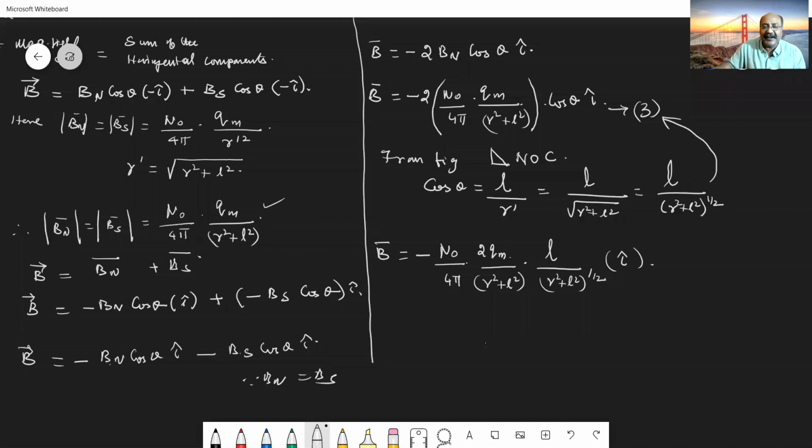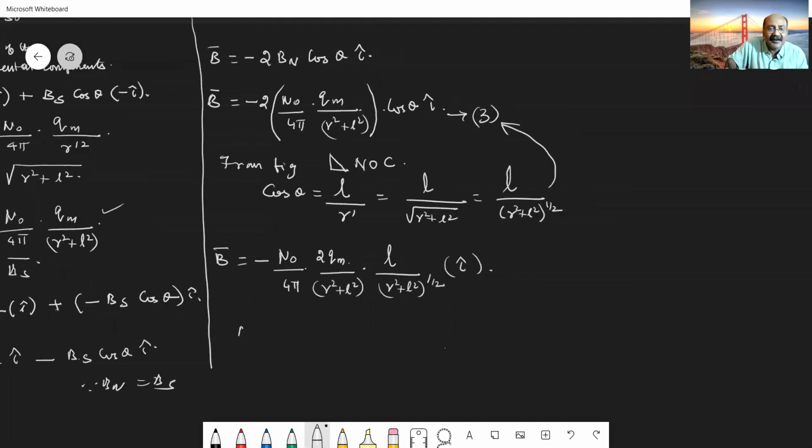Now on simplification, B vector equals minus of mu 0 divided by 4 pi into, multiplying the numerator, 2QML, by, multiplying the denominator, (R square plus L square) to the power of 3 by 2, because bases are same, powers can be added, into I cap.